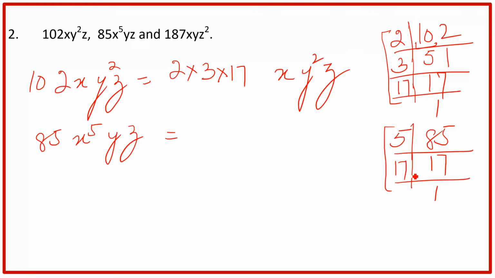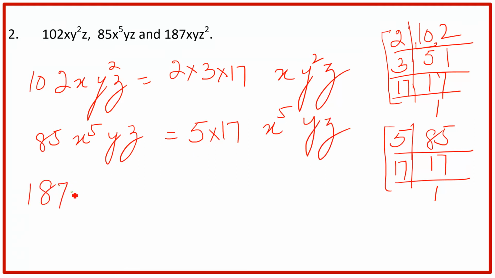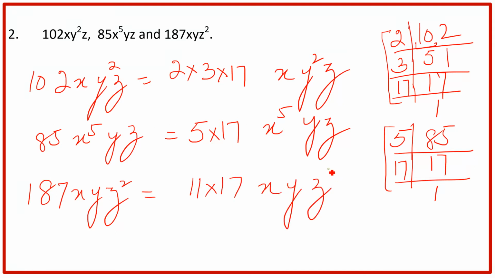So these are the factors. 5 17 times or 17 5 times 85, and we will write down the variable as it is. Third one is 187 x y z square. Again, my focus will be that you should know the timetables, then it will be much more easy to find out the factors, and practice makes a man perfect as well.